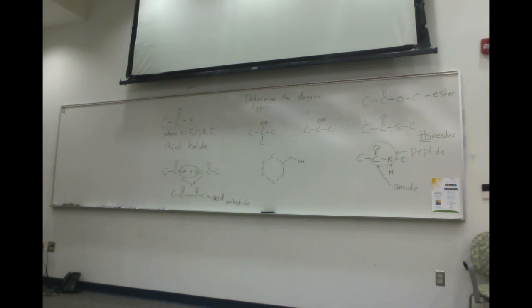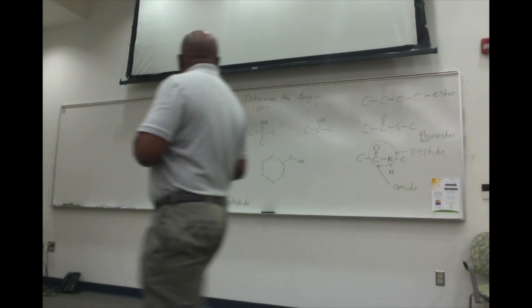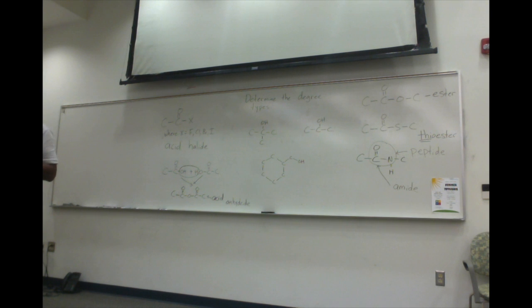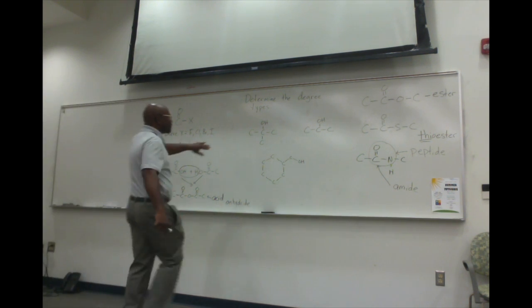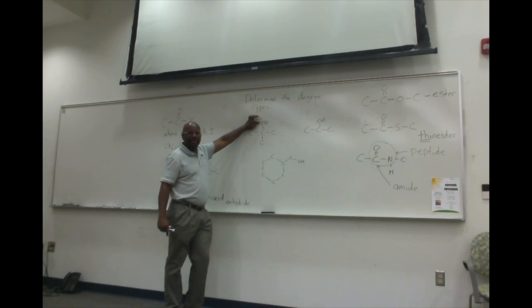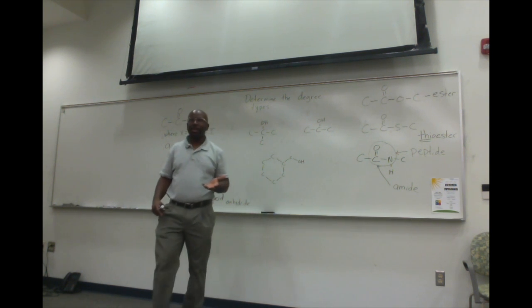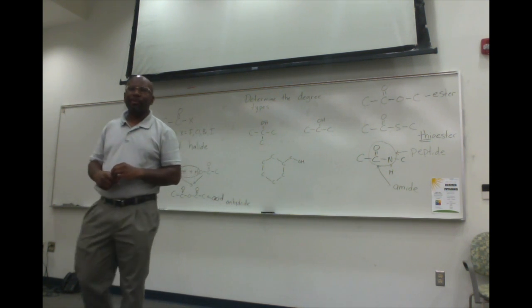When it comes to degree types, we're not going to do anything too different from what we already talked about. As far as determining the degree type of alcohol, the first thing we look for is what group? The OH. The first thing we do is locate our OH. Find the carbon the OH is directly attached to. How many carbons is that carbon atom directly attached to?